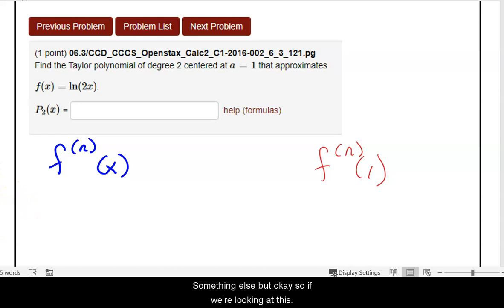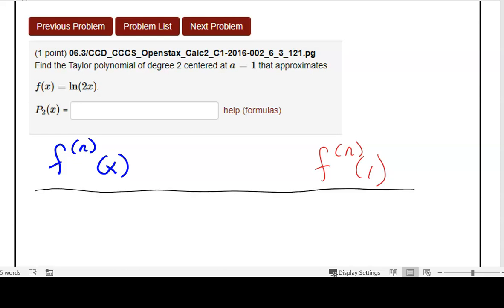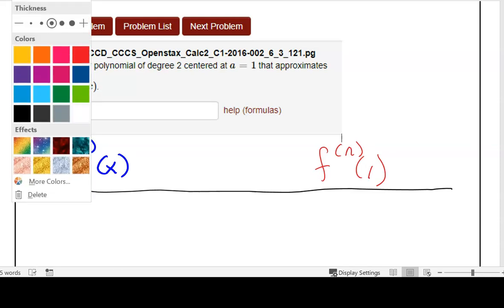So if we're looking at this, the first thing we want to do is go through and compute all of the derivatives. I find it's usually better to do it sort of one step at a time and not try to rush it too much. So let's do the nth derivatives first. There we go.